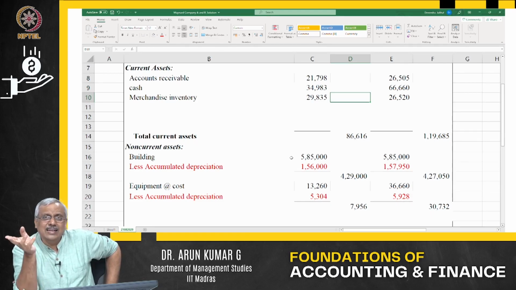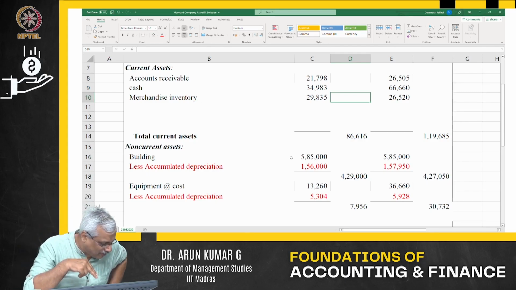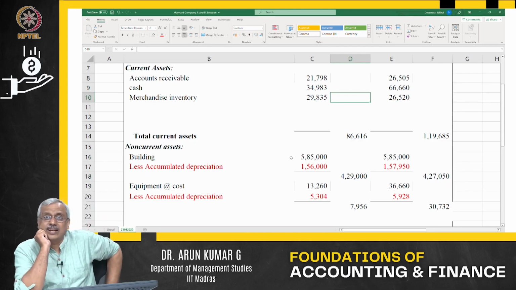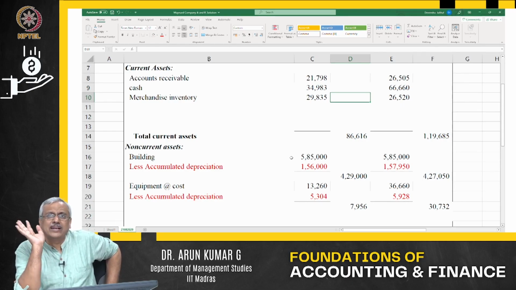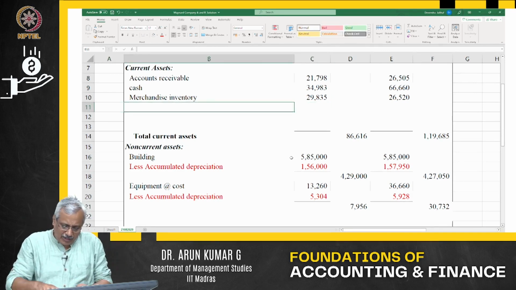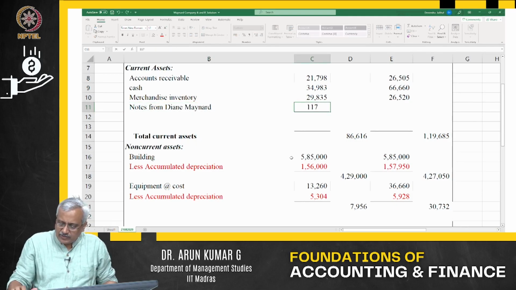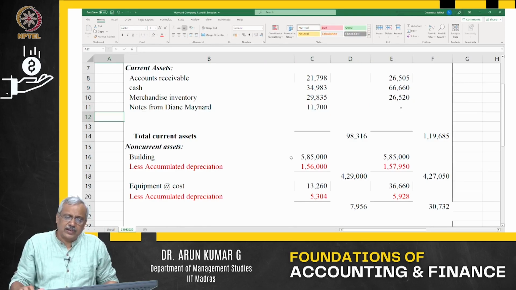Now, the lady Maynard owes $11,700 to the company as of 1st of June. As of 30th of June, she doesn't owe anything, she has paid it off. So, when I say notes receivable from Maynard, it is 11,700 here and 0 here in this particular case.